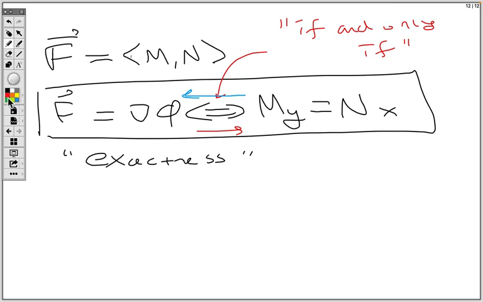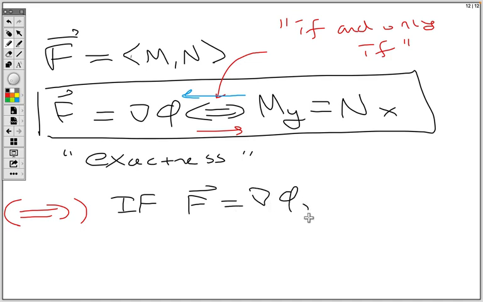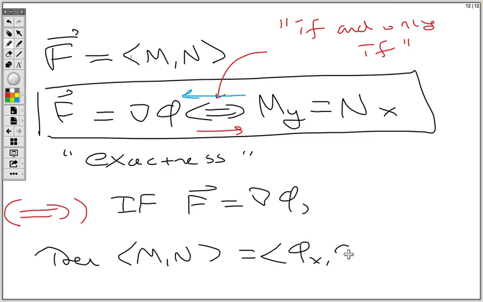Now, to show the one direction of the implication, if f is the gradient of phi, then M, N is phi x, phi y.